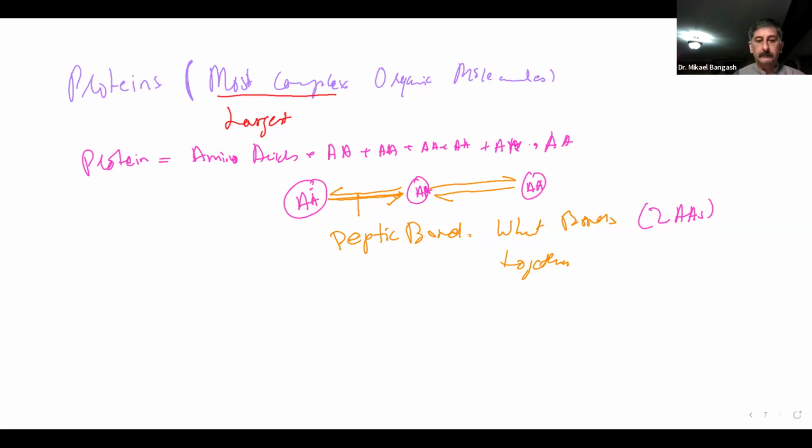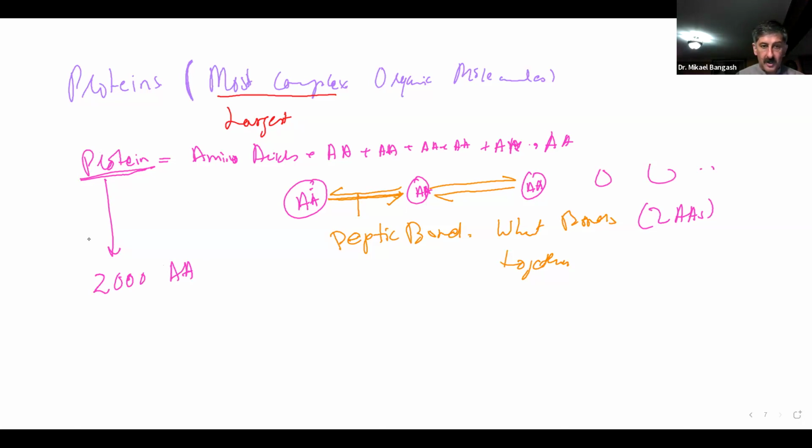Did you guys get that? Now, if we look at the structure of proteins, some proteins may have up to 2,000 amino acids being held together. Using the same example as I said earlier, let's say there were 2,000 amino acids.